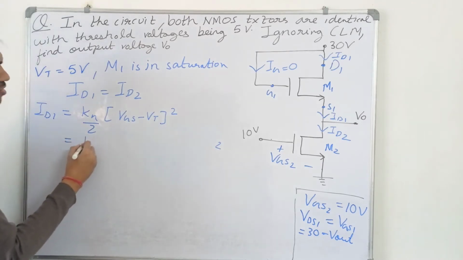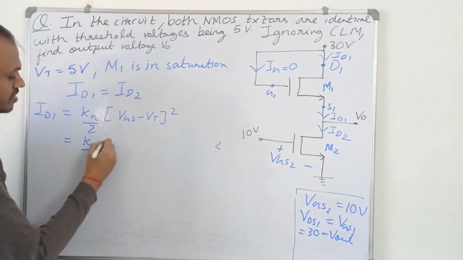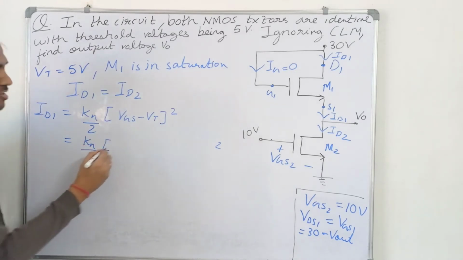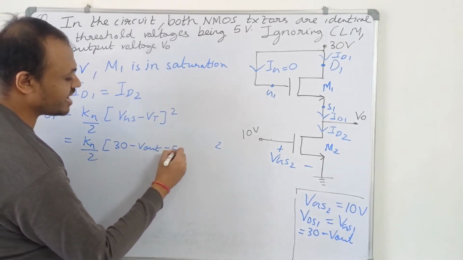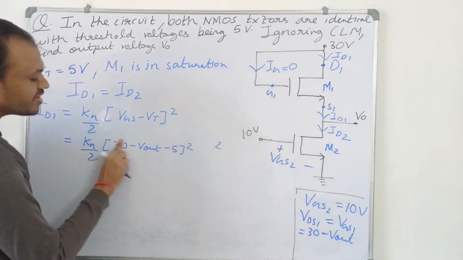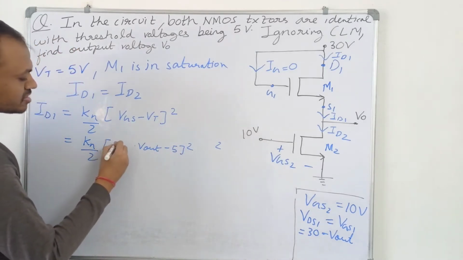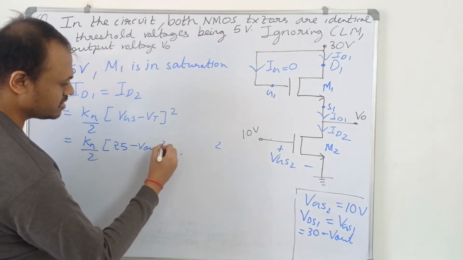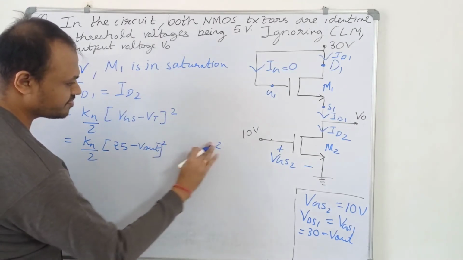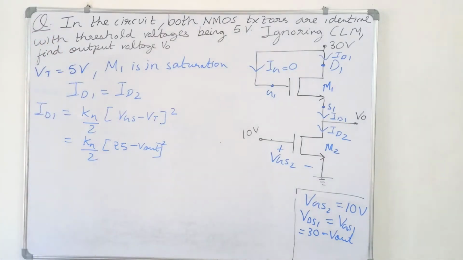So this will be equal to Kn upon 2 times (30 minus V out minus 5) square, which is Kn upon 2 times (25 minus V out) square. This is equal to ID1.